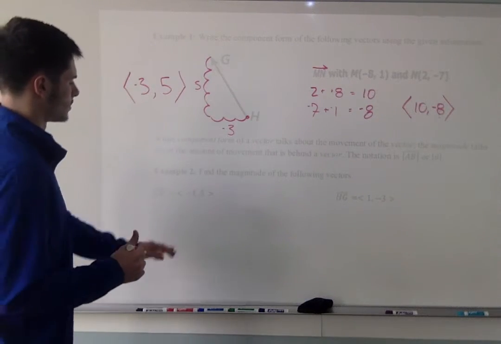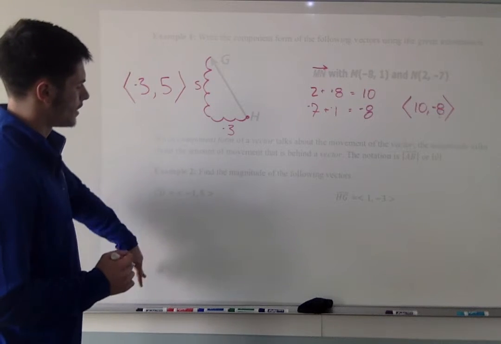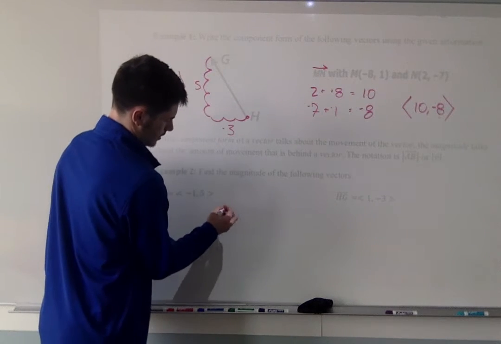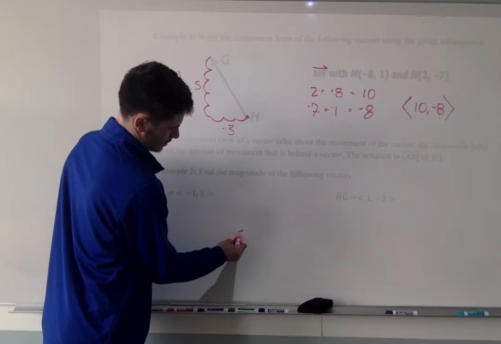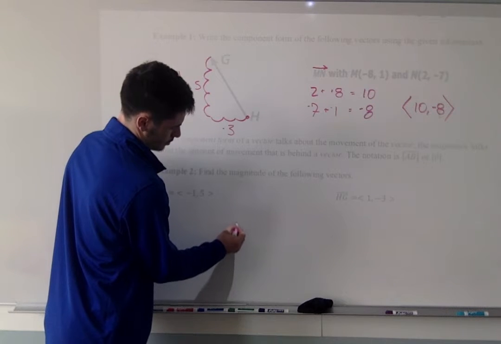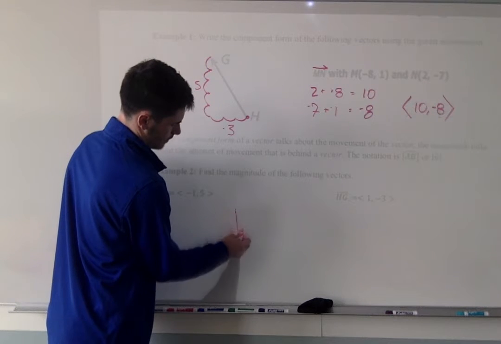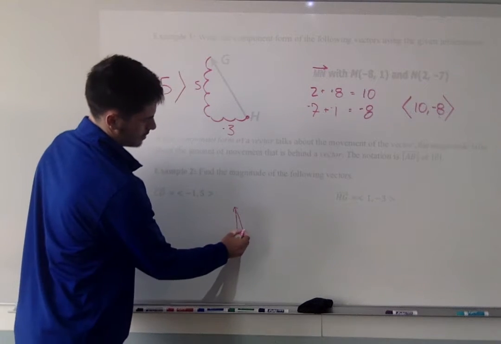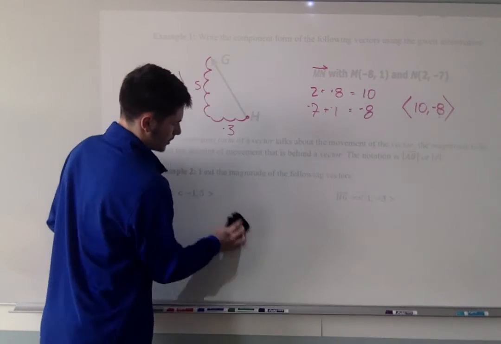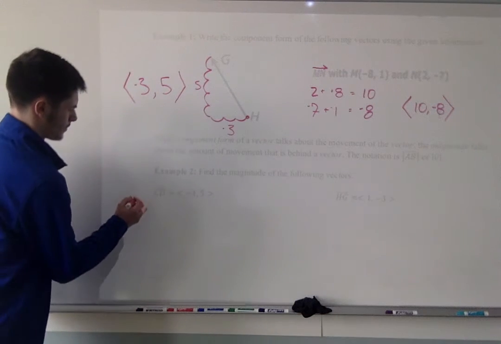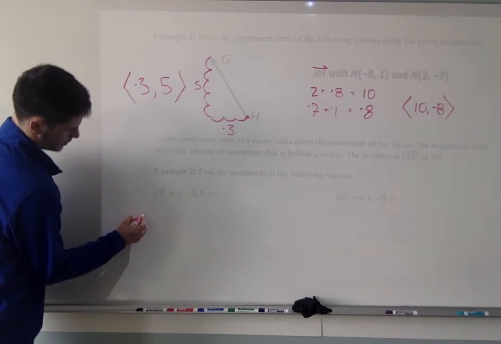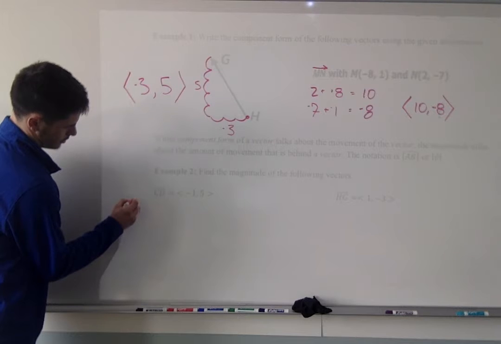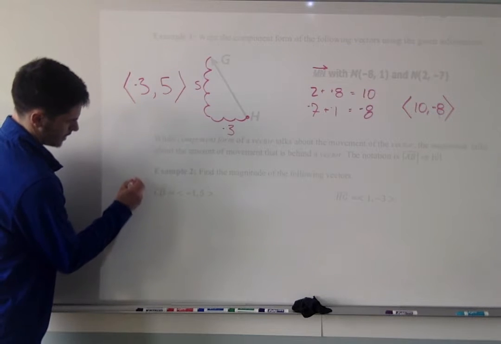So if we have a vector that goes left 1 and up 5, let's draw that out. So it goes left 1, up 1, 2, 3, 4, 5. I'll draw that a little bigger. So it goes left 1, up 1, 2, 3, 4, 5.